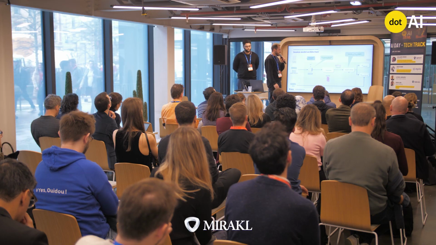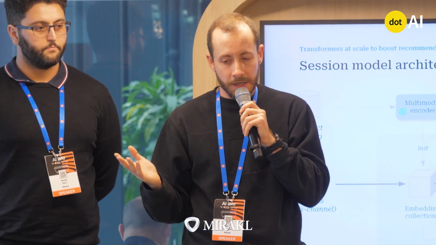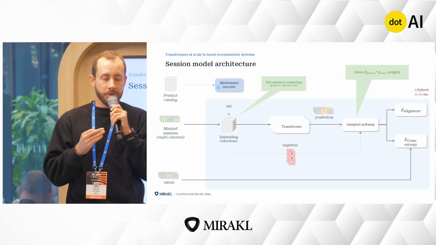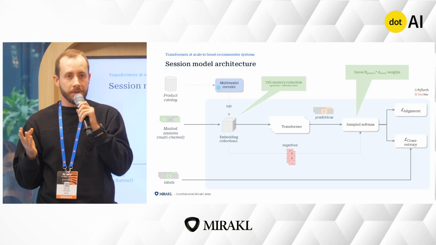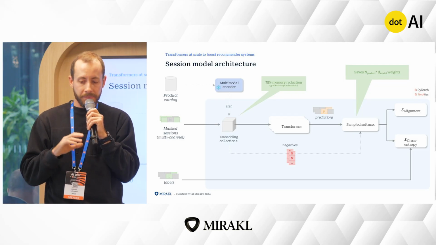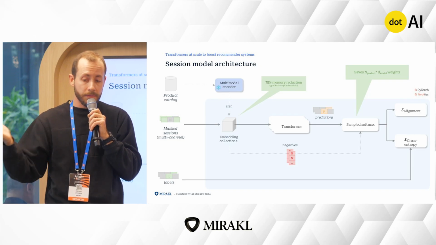Now, as I mentioned a bit earlier, we also need to work with potentially very large catalogs, millions of products, even more. So, for those of you that are a bit technical, you will know that it's not very practical at all to model the embedding tables and the projection head, the classification head, over very, very large vocabularies because of simply the memory constraints that you have on your machines.